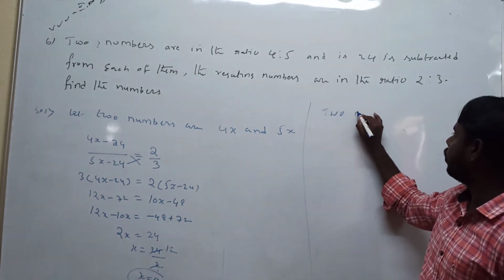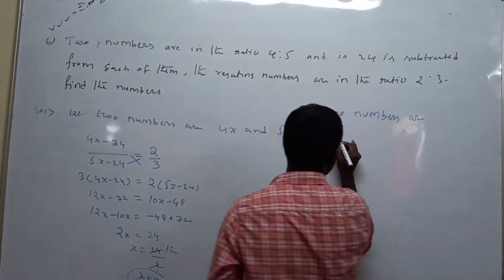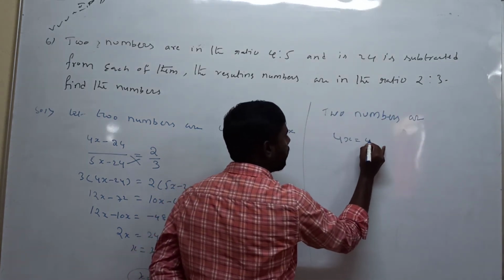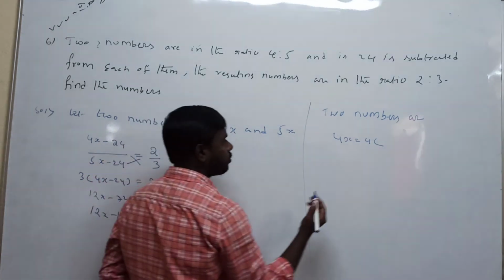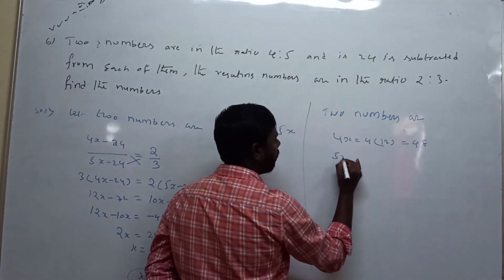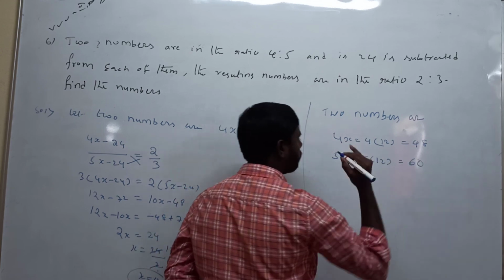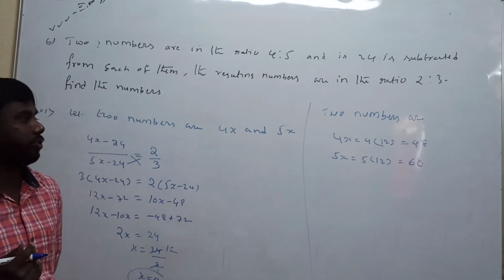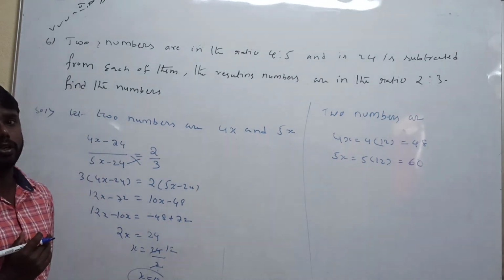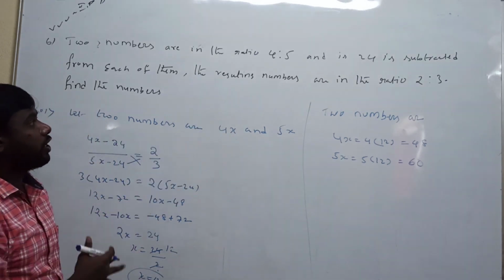So, conclusion: the two numbers. The first number is 4x. What is the x value? 12. So 12 into 4 is 48. Another number is 5x, 5 into 12 is 60. So the two numbers are 48 and 60. What is asked? The ratio of the two numbers is 4 is to 5.